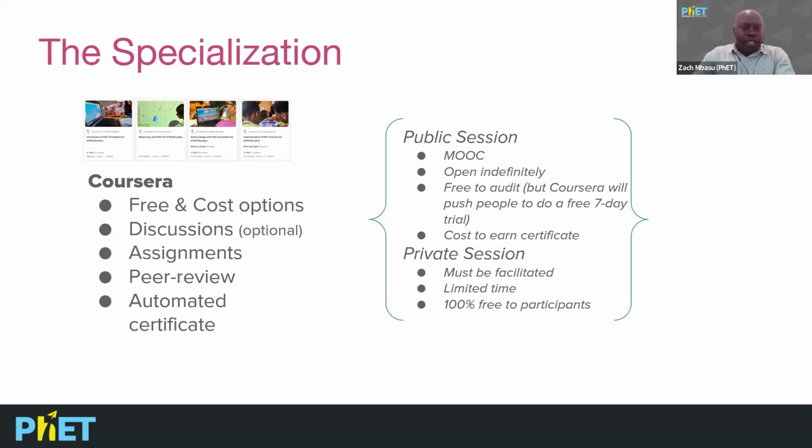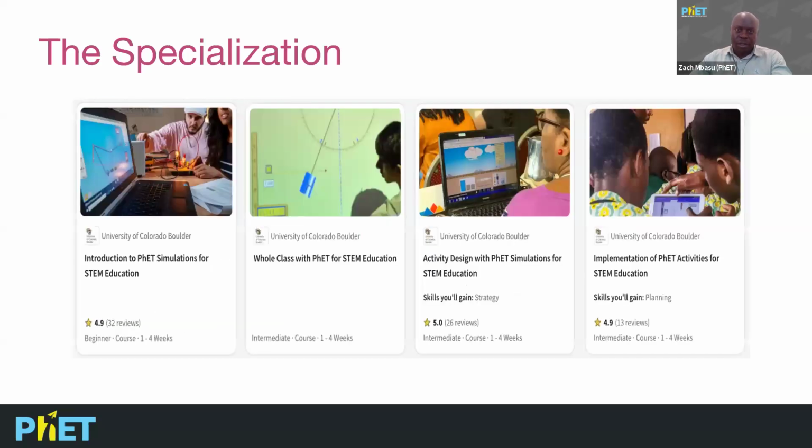The reason for this session is to introduce you to the private course, which we are offering for free, which means you are not required to make a payment to access the first course of this specialization. So these are the four courses. We have Introduction to PhET Simulation for STEM Education, and this course is being offered for free.